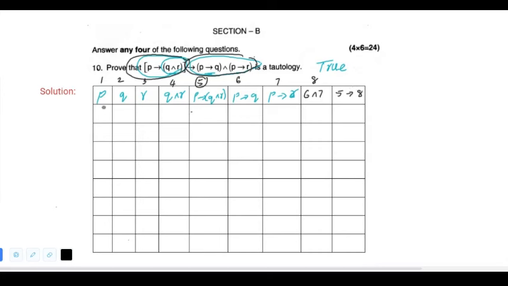So now here, since we have 3 propositions, it will be 2 to the power of 3. So 2 to the power of 3 is 2 into 2 into 2, that is nothing but 8.